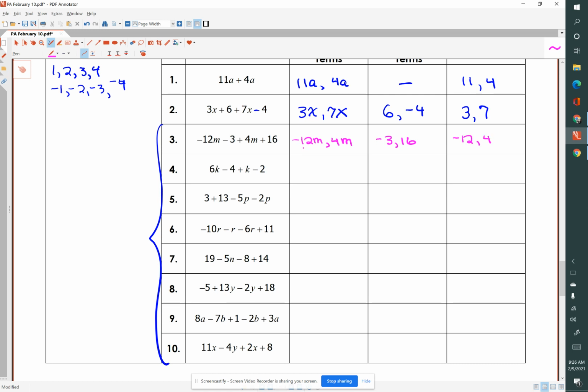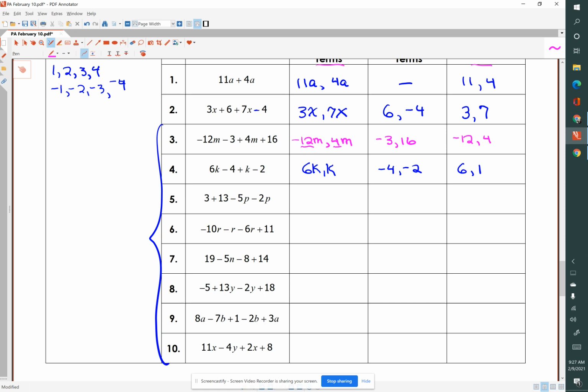And you'll see that these numbers are repeated twice because they are part of the variable term and they are also the coefficients. So number 4, the variable terms are 6k and k. And the constant terms are negative 4 and negative 2. So the coefficients are 6 and 1.